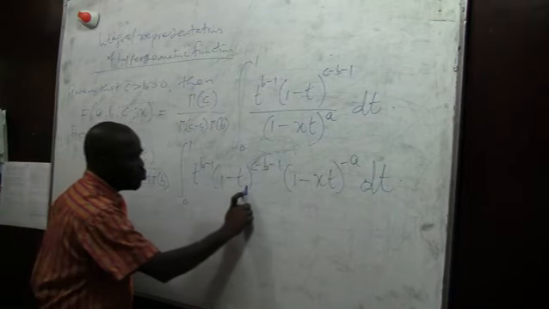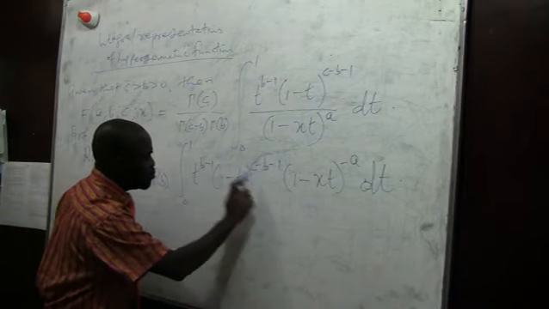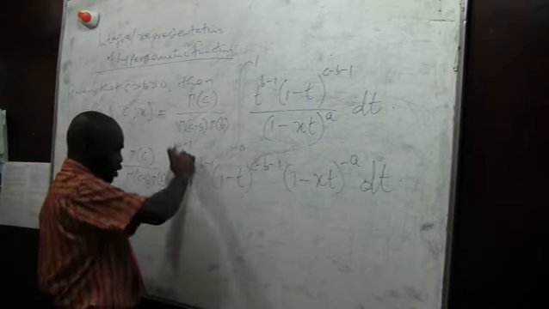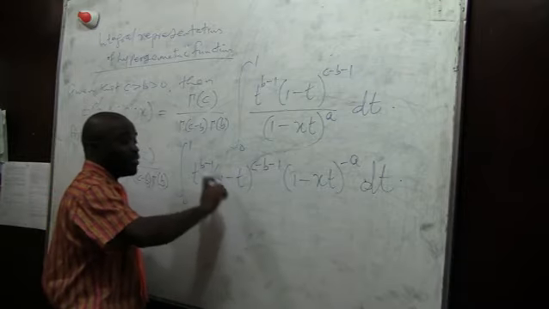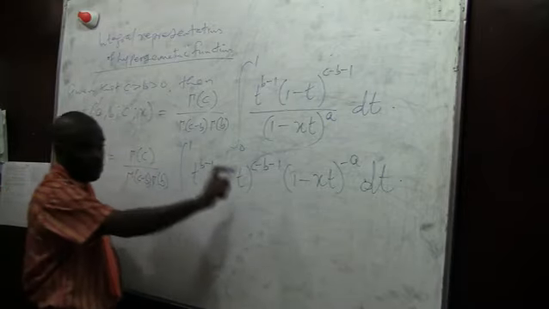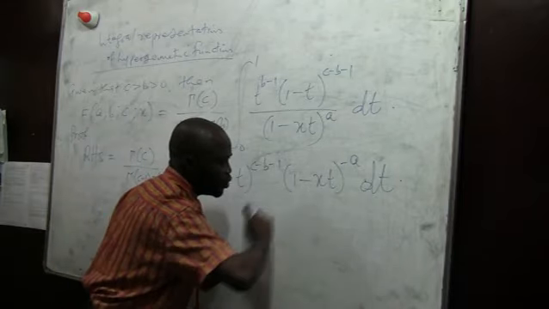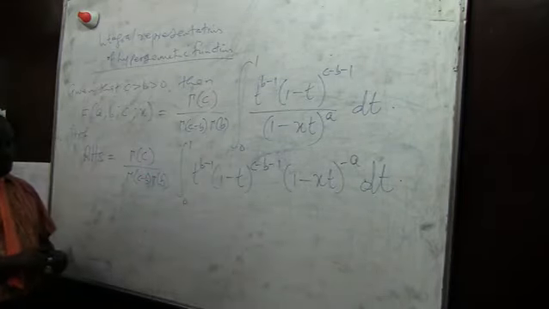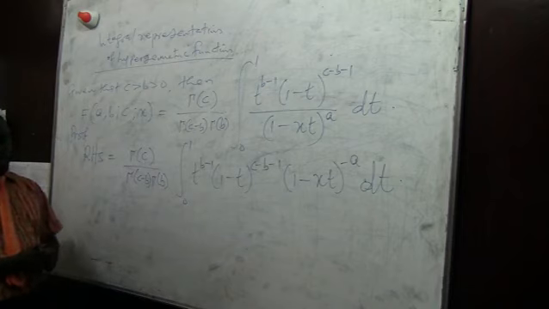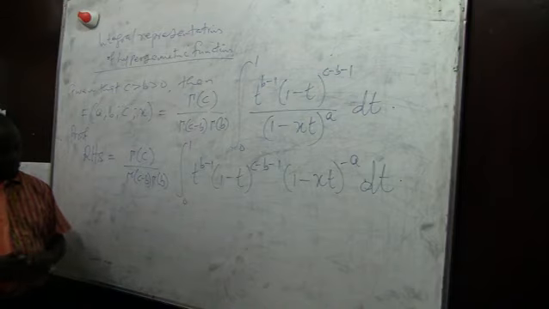Since these two terms, together with the integral, define the beta function without this, let us convert the whole of this to a summation using binomial expansion.